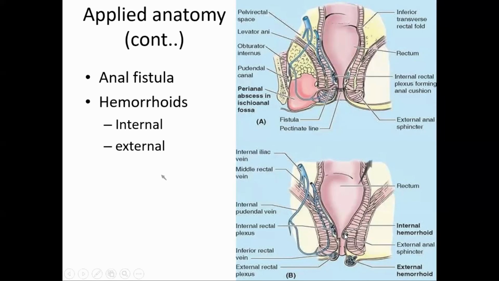Hemorrhoids present above the pectinate line are internal hemorrhoids and those below are external hemorrhoids.